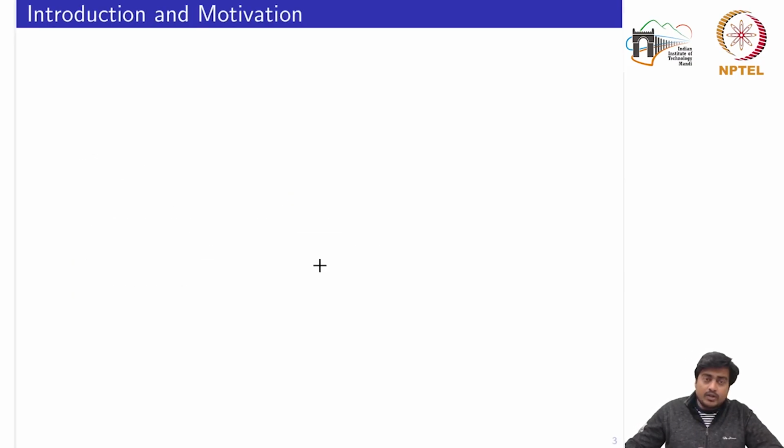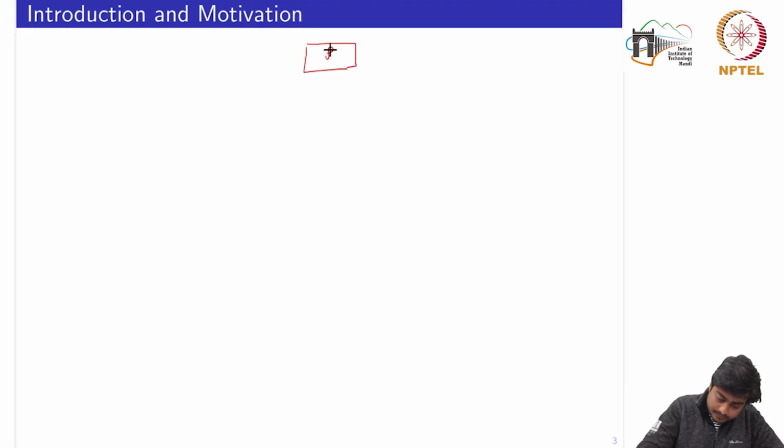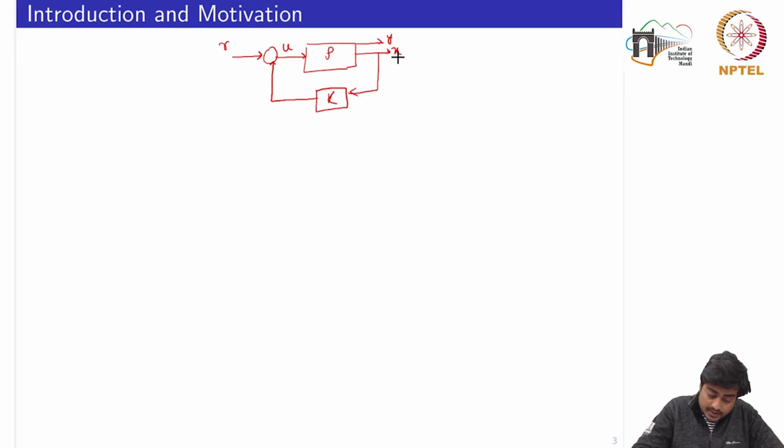So starting with the introduction and motivation about observability. Let's say we have the plant, and I will draw two outputs, one is the X, another is the Y, and this is the U. So far we have seen the controller design procedure where we put state feedback with some reference signal, let's say R, by taking directly the measurement of the state variable.